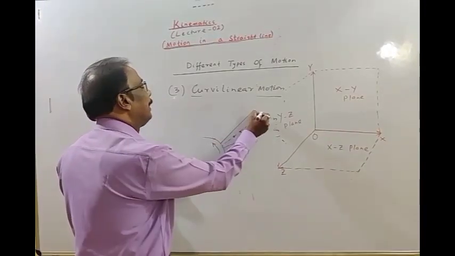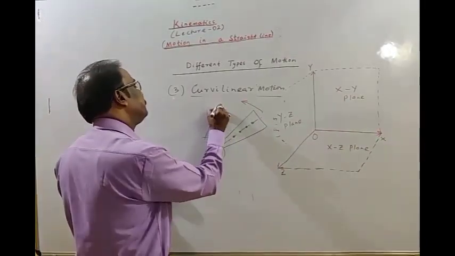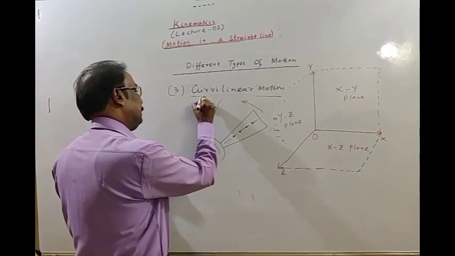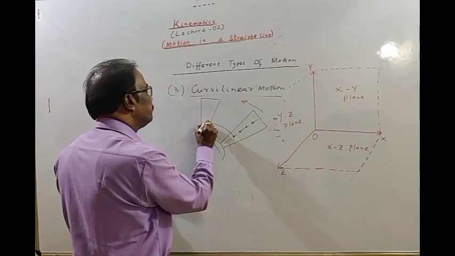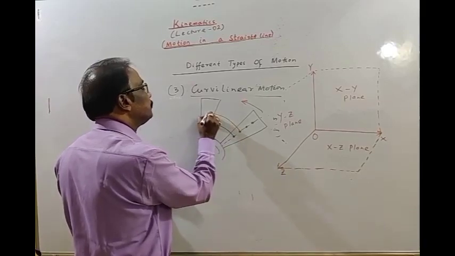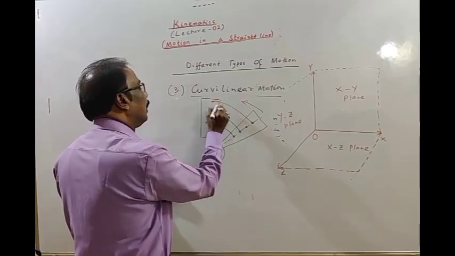Let the blade move to a new position. This is the new position of the blade. Then this particle has moved to this position, this particle has moved to this position, and so on.